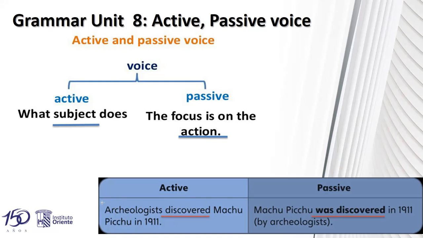Archaeologists is the subject. Discovered is the verb. And Machu Picchu in 1911 is the object or the complement. Active, the most important is the subject. The subject in this case is archaeologists.